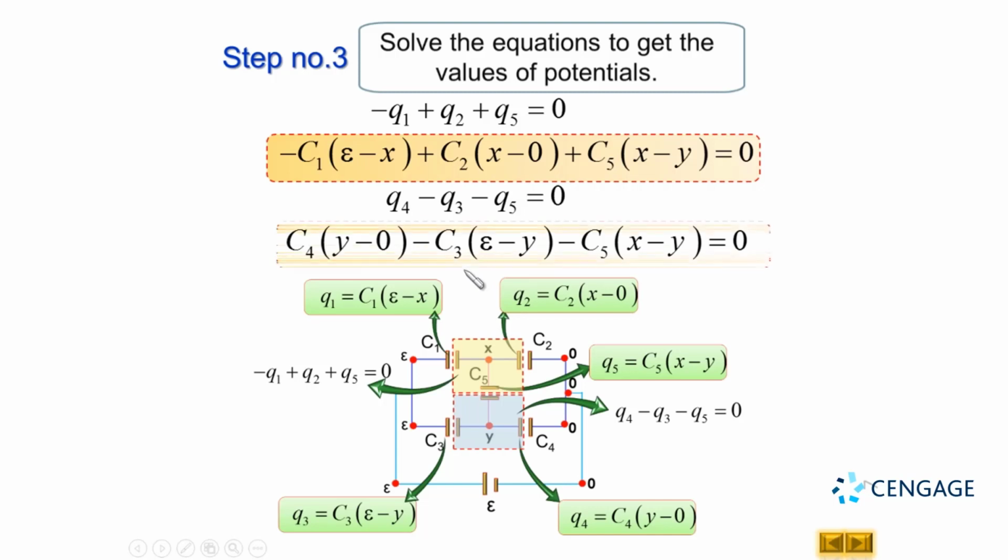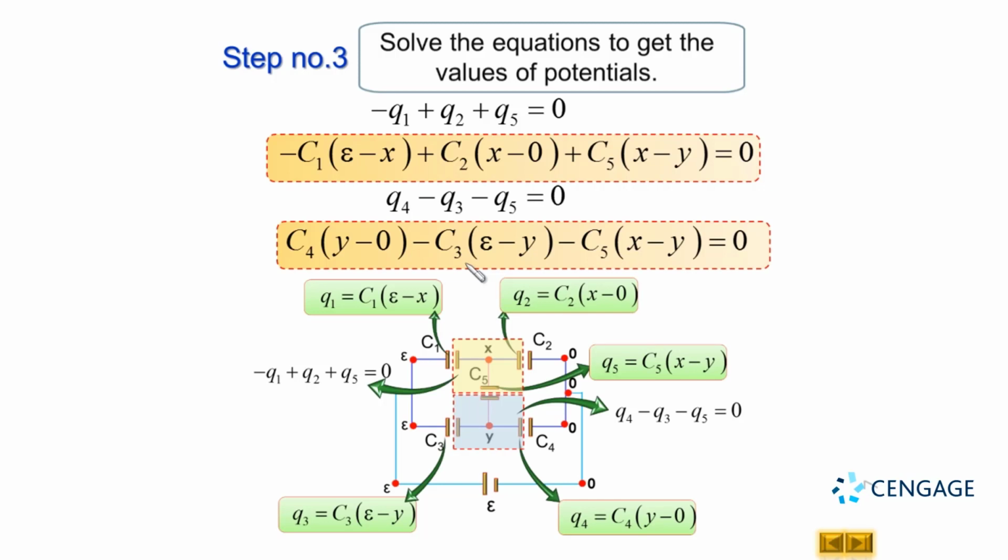So we are getting two linear equations in two unknown variables. We can easily solve these to get the value of X minus Y, so we can get the potential difference across the capacitor C5, right? So this was the theory part of the nodal method.